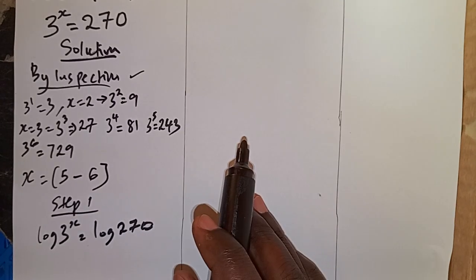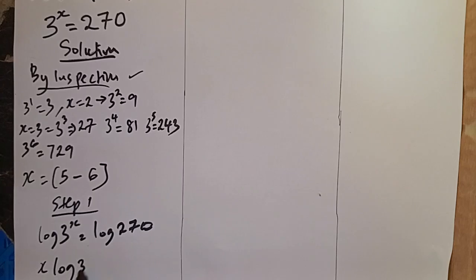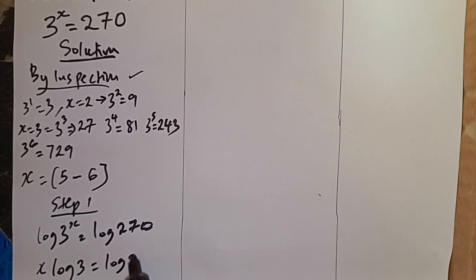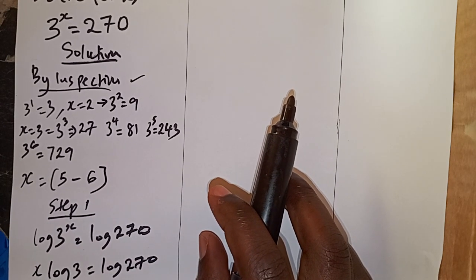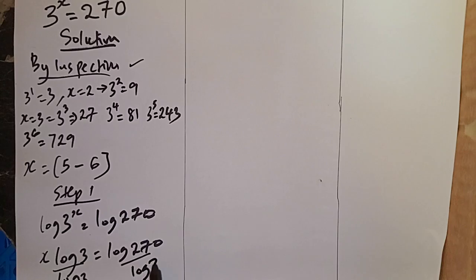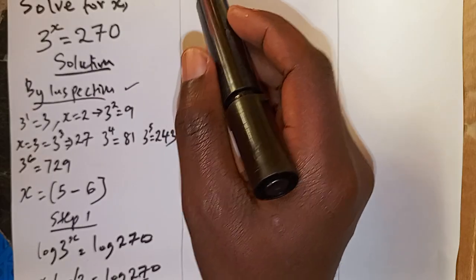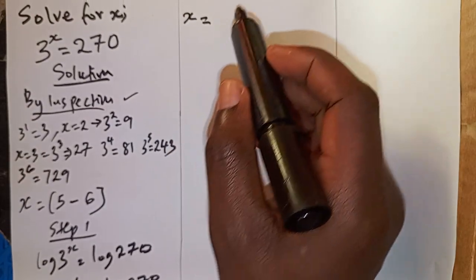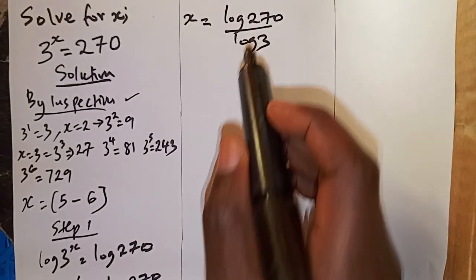Applying the laws of exponents, x can come down, so x times log 3 equals log 270. To remain with x on this side, I'm going to divide all through by log 3, so that this and this cancel, and I shall remain with x equals log 270 divided by log 3.